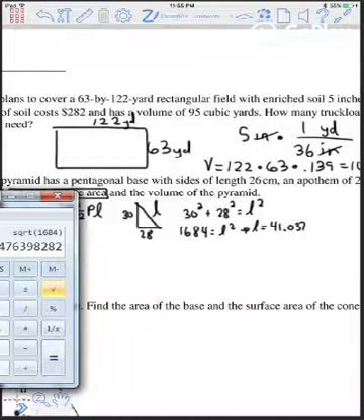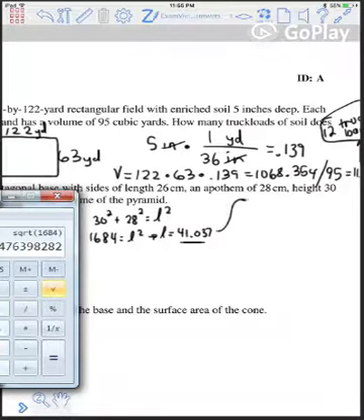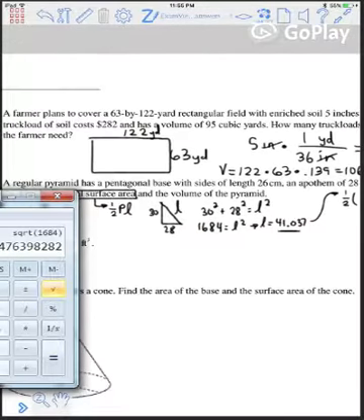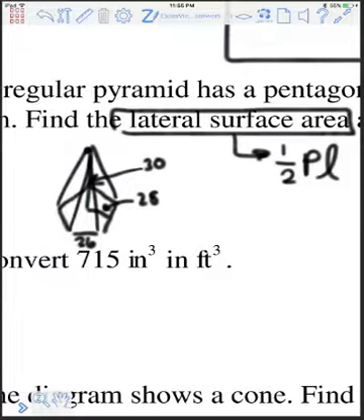So now we can take this and put it into the formula. 1/2 times the perimeter times the slant height. Now the perimeter, if each side length is 26 and it's a pentagon, we can multiply that by 5.